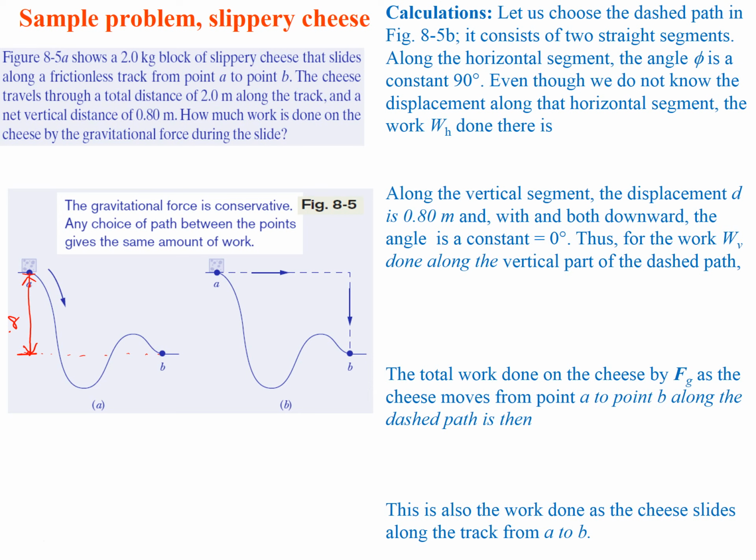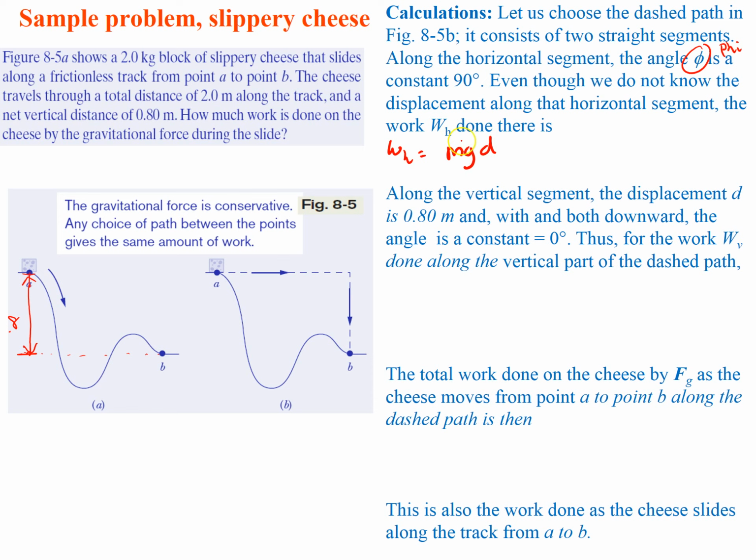It consists of 2 straight segments. Along the horizontal segment, the angle phi is a constant 90 degrees. Even though we do not know the displacement along the horizontal segment, the horizontal work done is given by this. The horizontal work is equal to mgd, force times distance.